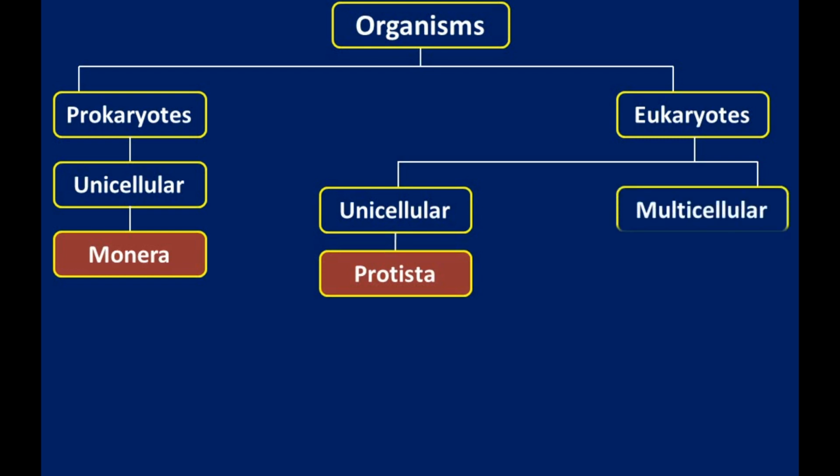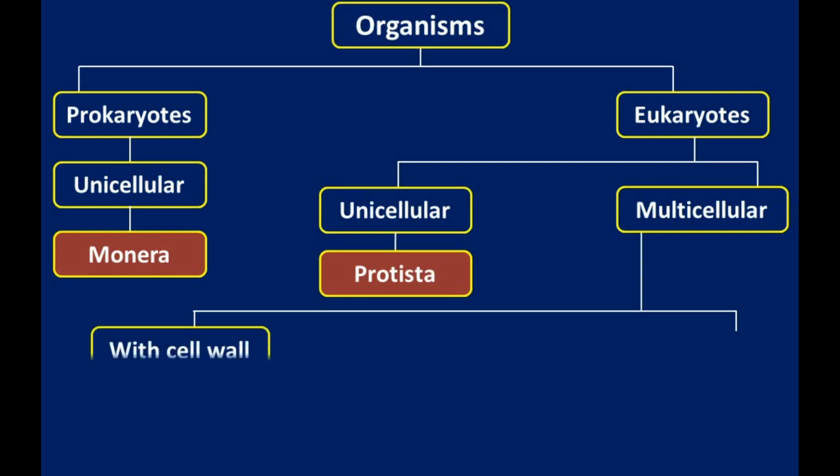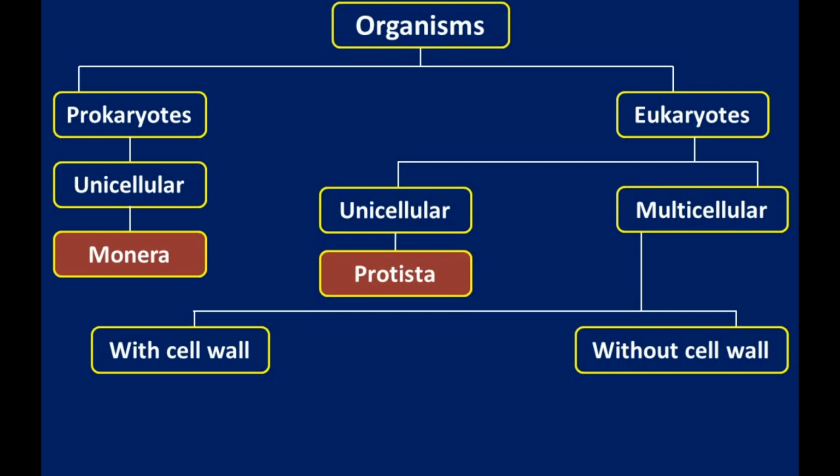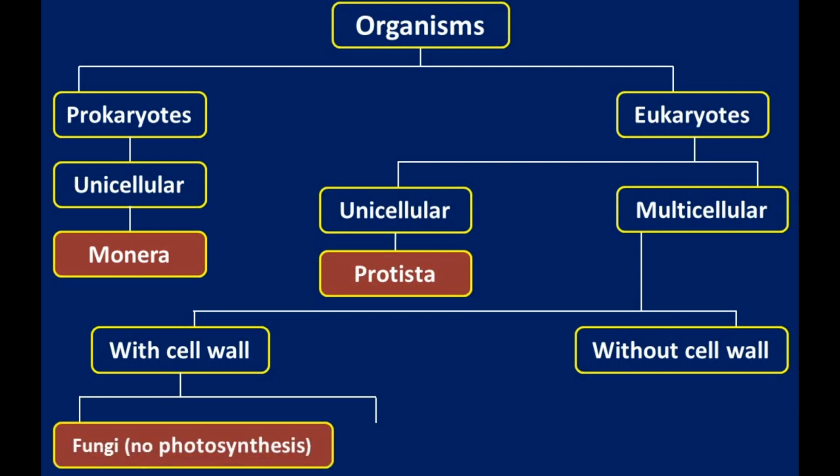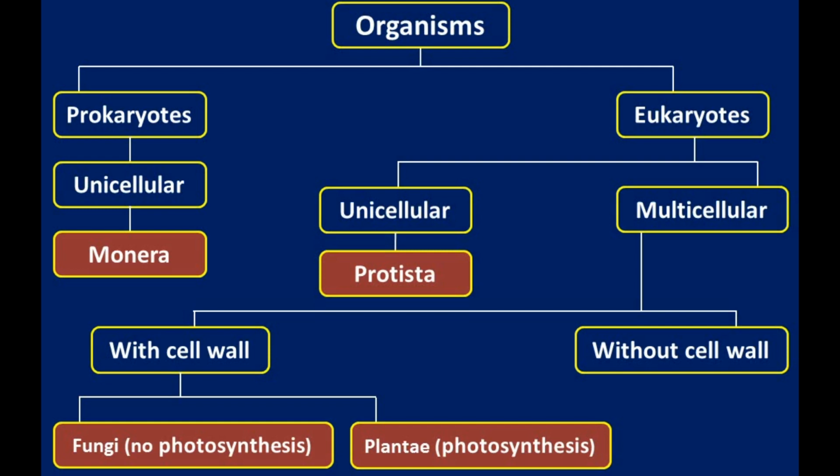If they are multicellular, they are again divided on the basis of their cell wall, whether the cell wall is present or absent. These organisms are divided into two kingdoms. One is fungi, they do not synthesize their food, so the process of photosynthesis is completely absent. Another kingdom is plantae.